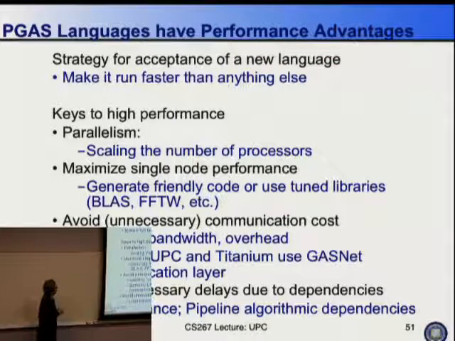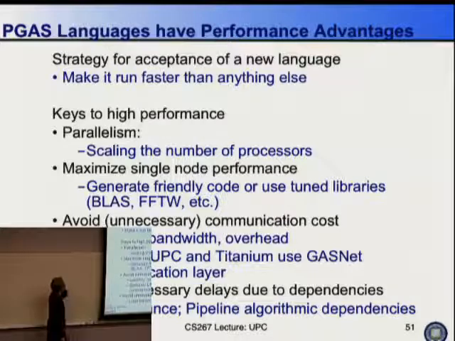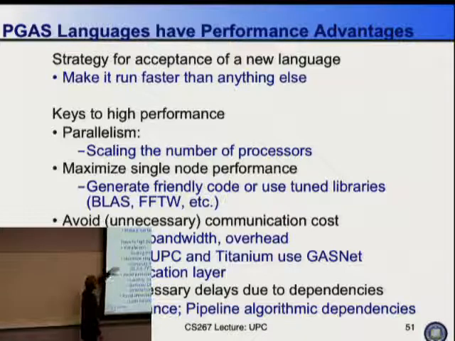There are other kinds of libraries you might want to call, or you might want to write your own highly optimized code, which would be pure C code or pure Fortran code. So it's possible to mix languages together like that. You can certainly call C because UPC is just C, and it should perform just like C inside of any kind of UPC application, but you can also call other languages.